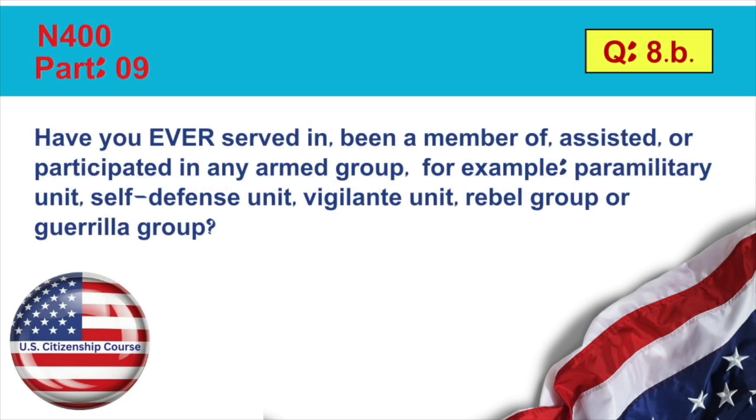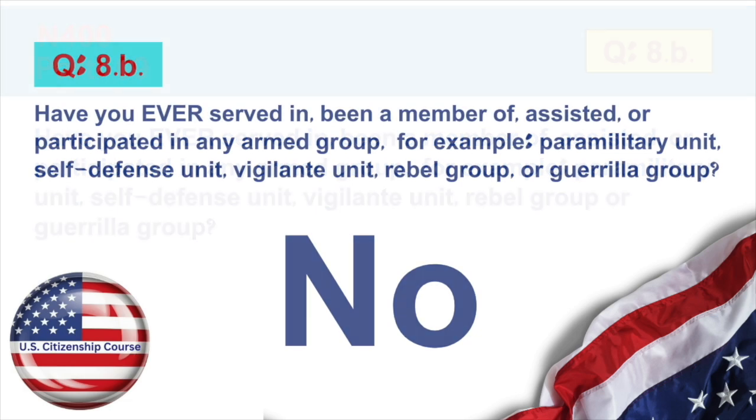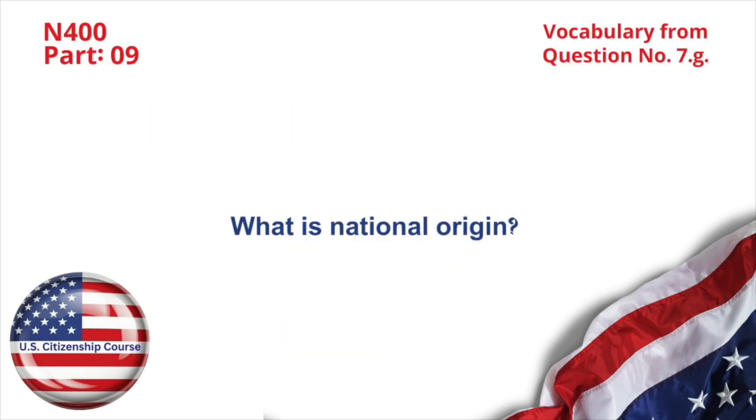Have you ever served in, been a member of, assisted, or participated in any armed group? For example, paramilitary unit, self-defense unit, vigilante unit, rebel group, or guerrilla group? No. What is national origin?